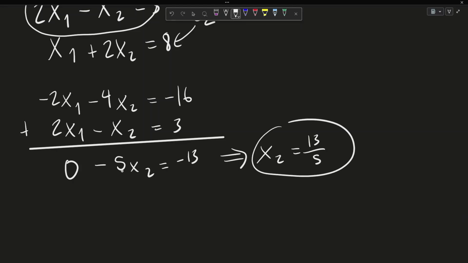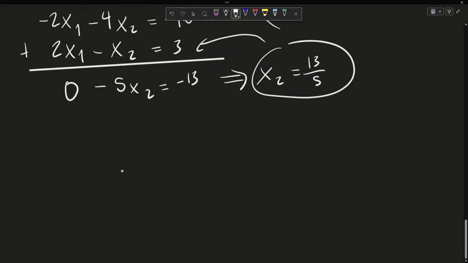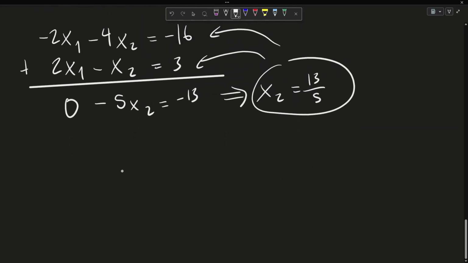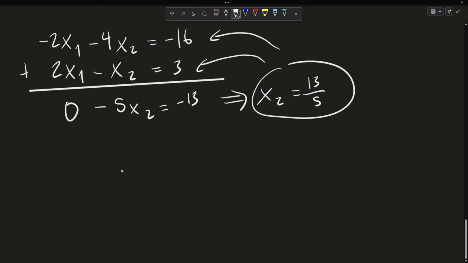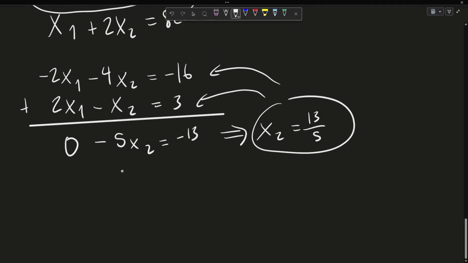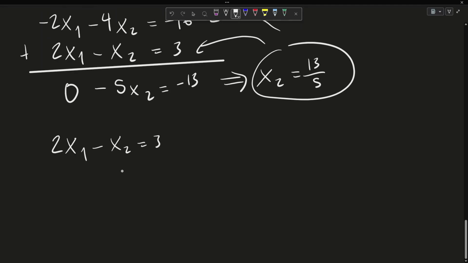Substituting this expression back into either of these two will give us the value for x1. So let's take the bottom expression, 2x1 minus x2 equals 3, and substitute in 13 over 5. So 2x1 minus 13 over 5 equals 3.